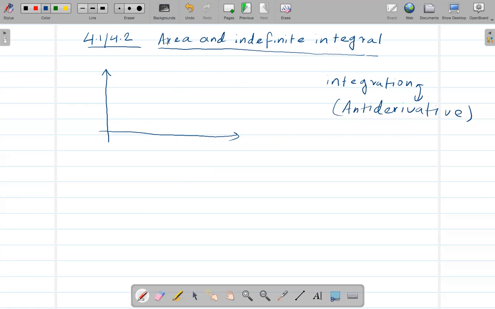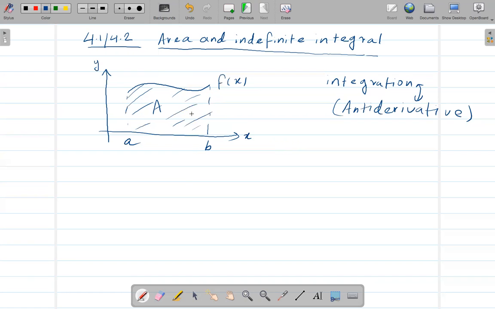All right. Okay, so now when we're talking about the area, let's say we have a graph. Let's say this is f of x, this is x, this is y. And this graph is, let's say, in between this interval a and b. Okay, and now we are trying to find the area enclosed by this graph, which is the f of x graph, in this interval.